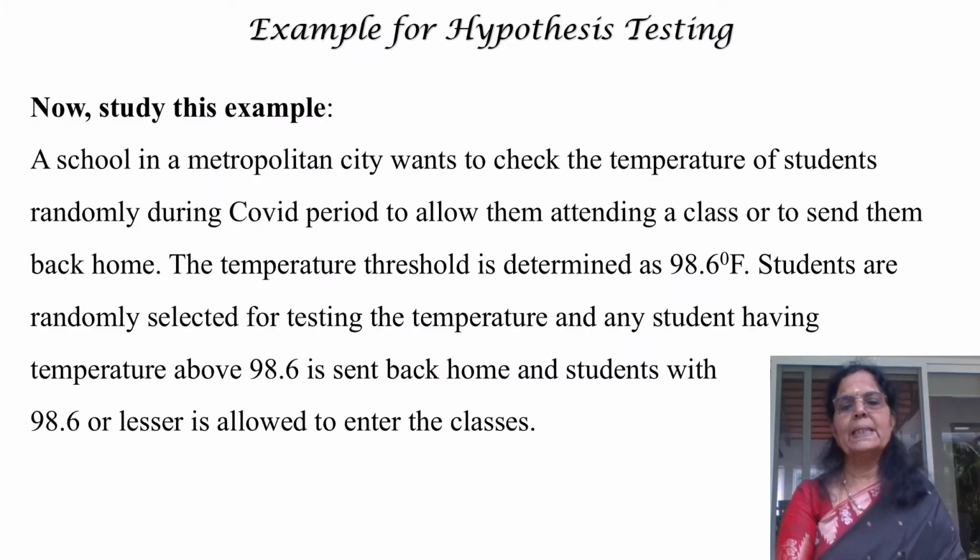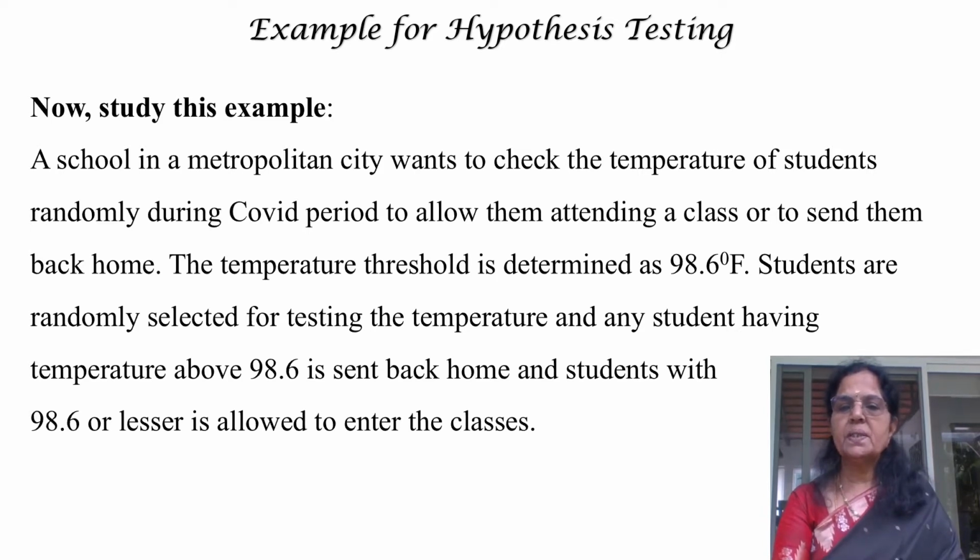Now, study this example. A school in a metropolitan city wants to check the temperature of students randomly during the COVID period to allow them attending a class or to send them back home.